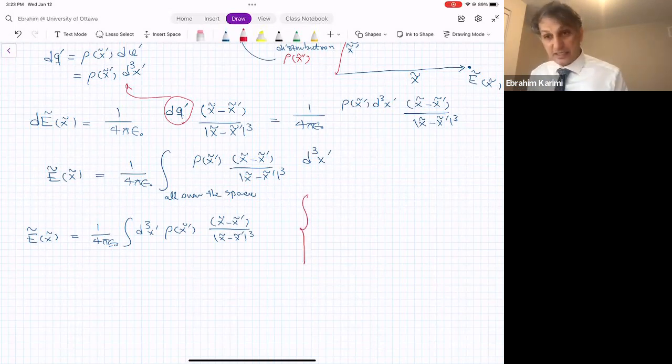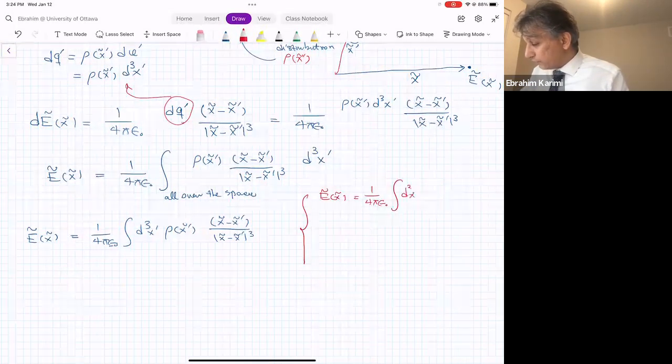So if there is a surface, then E of x is 1 divided by 4 pi epsilon naught, integral of d2x prime sigma of x prime, x minus x prime, divided by the magnitude of x minus x prime to the power of 3, and that is on the surface.